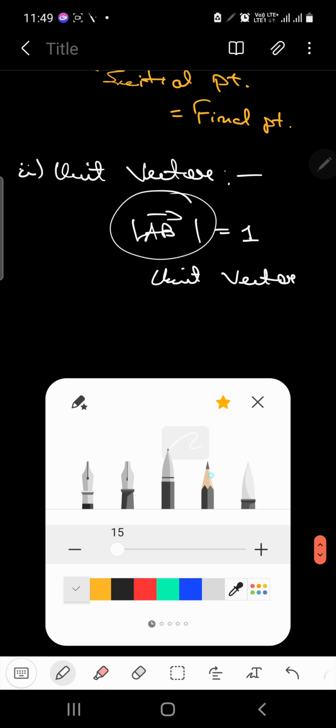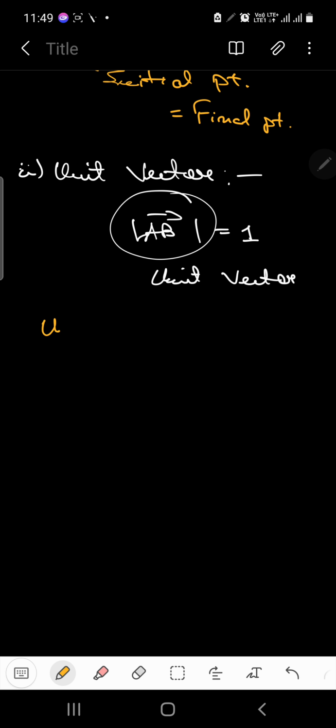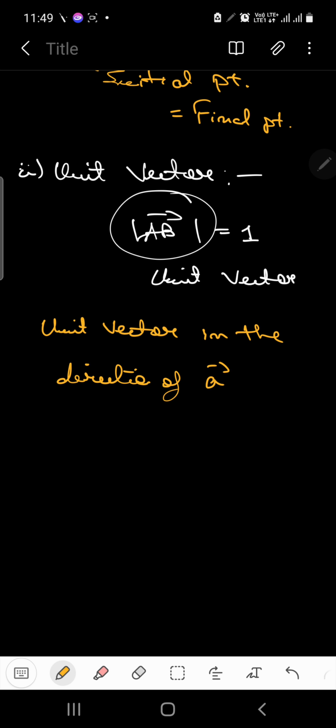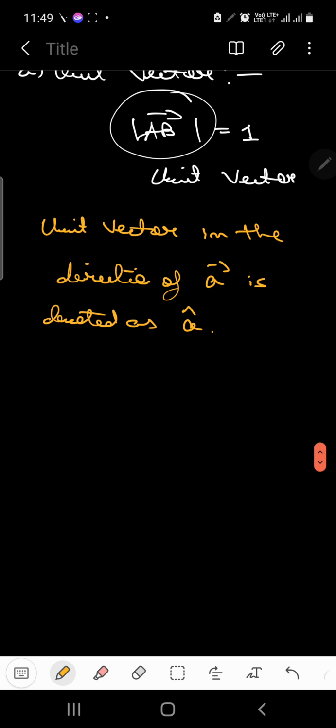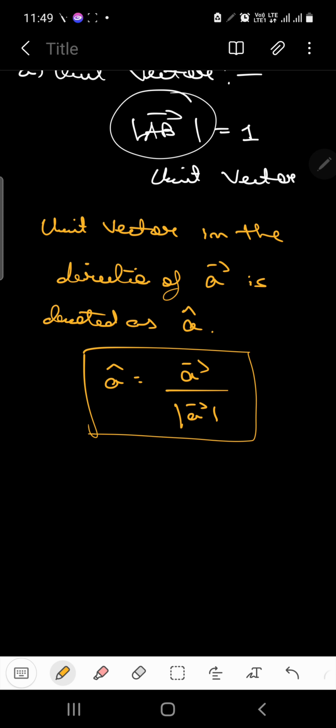I'm telling you what I mean by this statement: the unit vector in the direction of a vector, say A, is denoted as A cap. This is called A cap. Clear? And A cap is given as A vector over mod of A vector. So do remember this. Unit vector in the direction of some given vector is given by this mathematical formula. Clear?